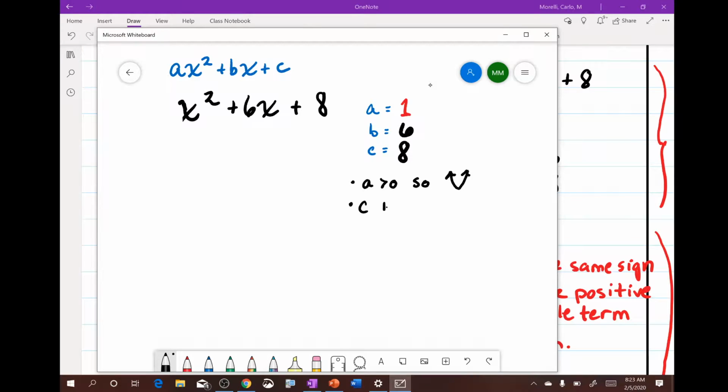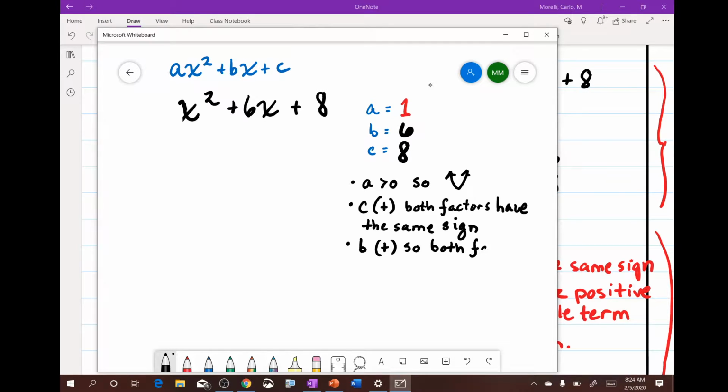C is a positive number, so both factors have the same sign. B is positive, so both factors are positive.